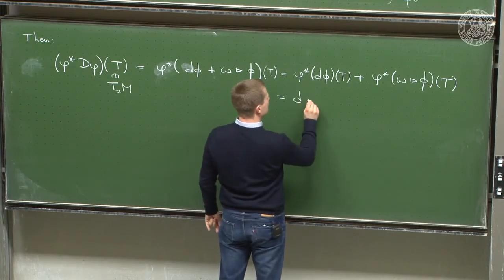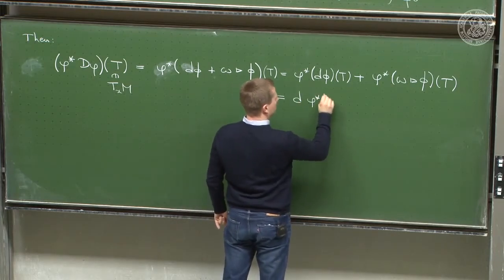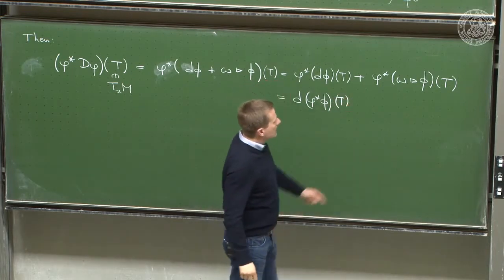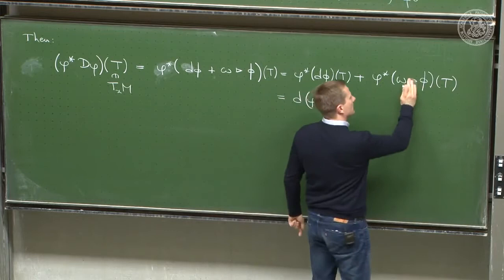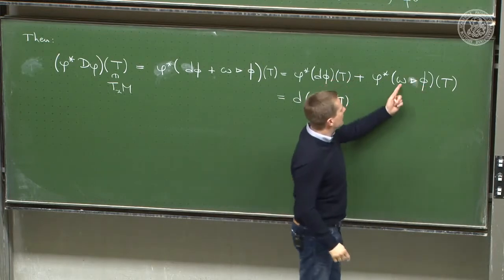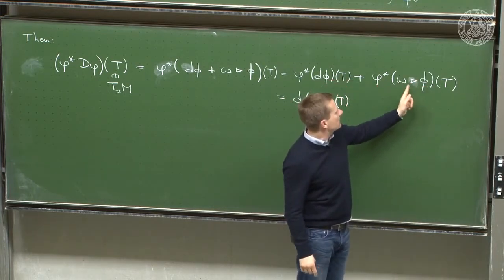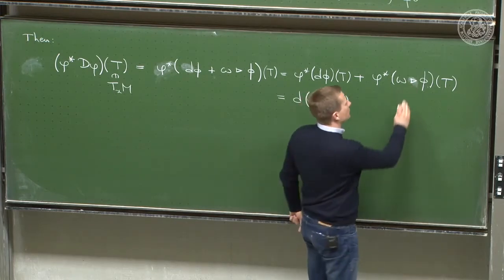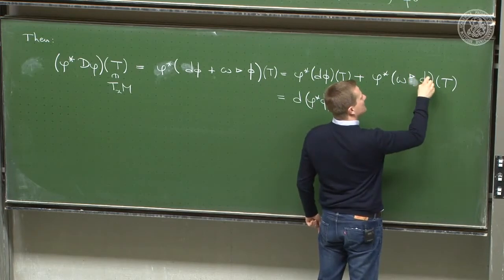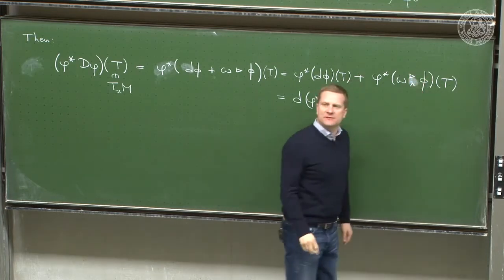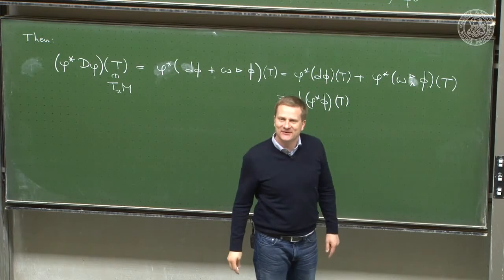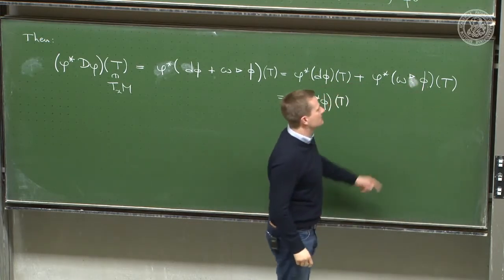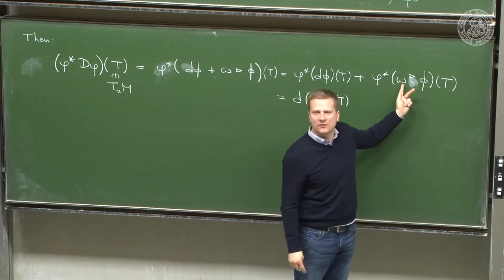So this is the d of the pullback evaluated at t. Now here we must look a bit more closely. It looks a little funny. How would the pullback act on this operation of the acting? Remember, there are actually two operations at work here. The omega acts on the phi, but there's also a wedge between them. Now, the wedge here is really a multiplication because this is a function, this is a one form.